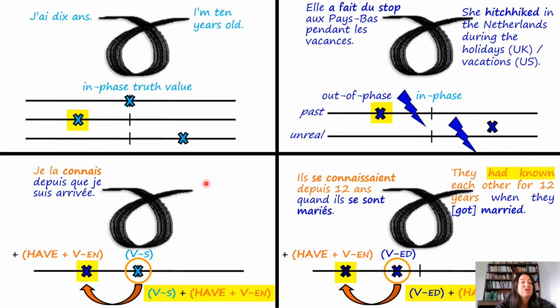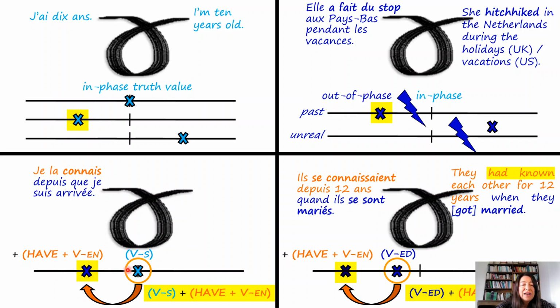If you don't do that, it's really tempting to go straight from R1 to I3 and translate je la connais by I know her. But if you're more careful, you can see that here it's not just je la connais, it's je la connais depuis que je suis arrivée.